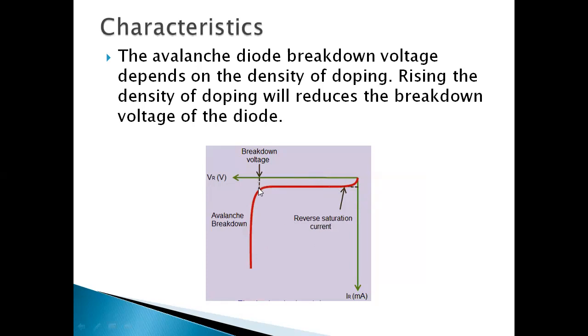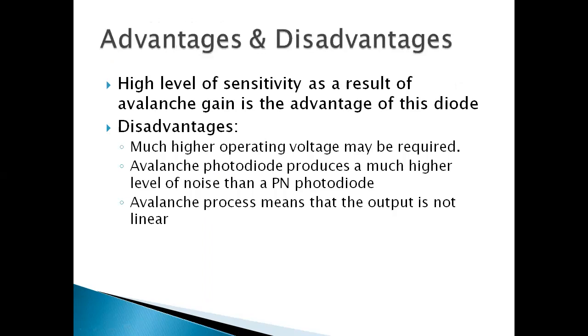But when the breakdown voltage occurs, there is a rise in current, where the diode can be operated safely with very high currents due to multiplication of carriers by the collision of produced electron hole pairs with the lattice.